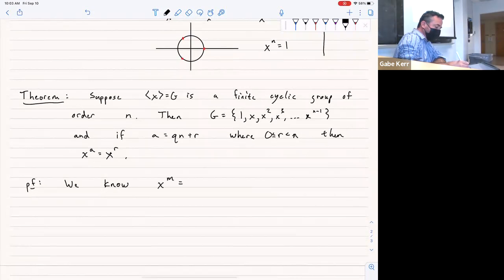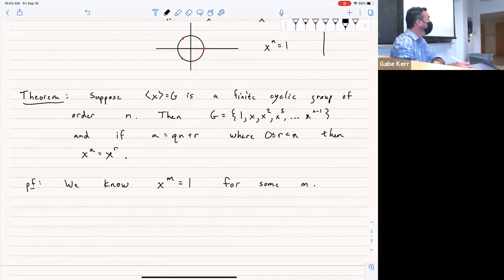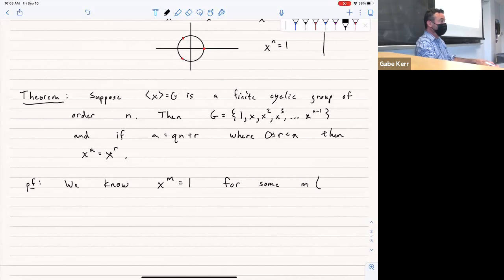Some power, call it m. Yes, because we know the order of the group. Well, we know it's finite. That's true. I'm not even saying what m is for now. I'm just saying that there's some integer. I'm not saying it's n. If there was no way to get back to 1, it would be an infinite group.